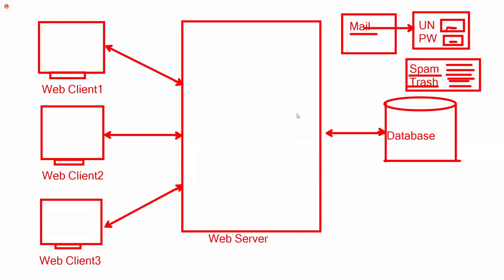He entered a username, something like AAA, and a password, also AAA. Then the mailbox comes here. Now here AAA mails are displayed. Here a spam hyperlink appears. A trash hyperlink appears.